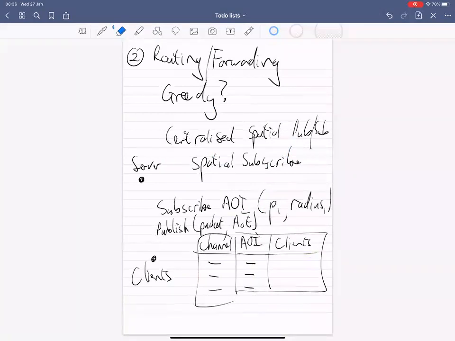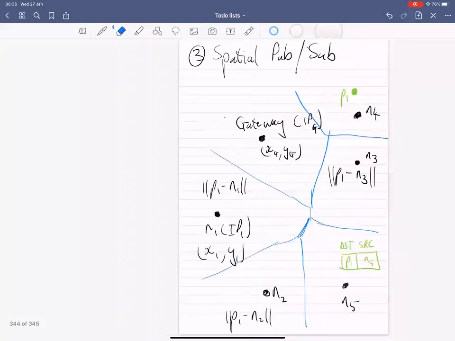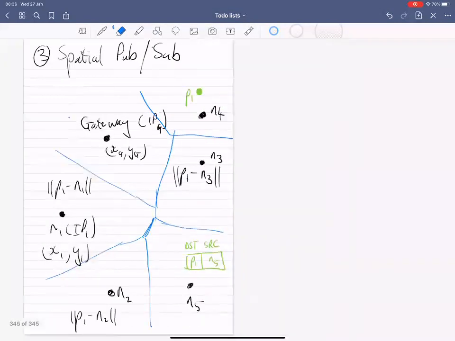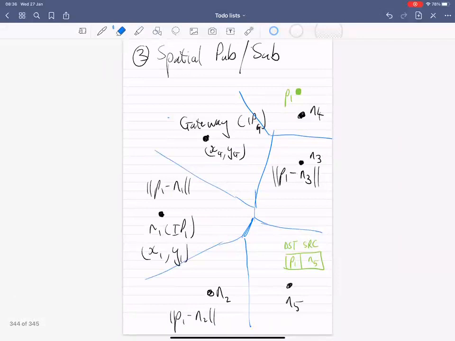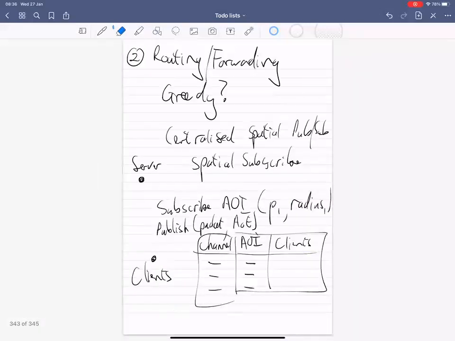Just maybe, I think that was an excellent explanation from Herman. Just would like to add that what you can also consider, in a more forwarding manner, is that the AOI or AOE, the subscription or the publication, can be forwarded.